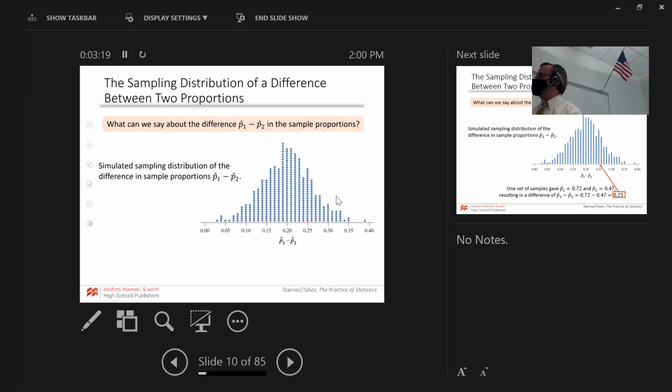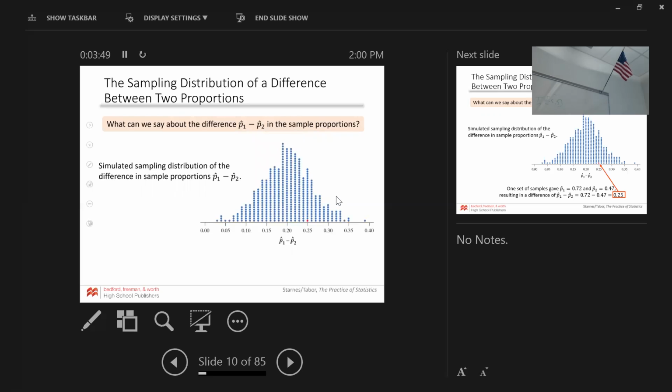Now, this is a simulation. Ready? The simulation was done with computer software. The center's at 20%, because that's school one take away school two. And if you look at this, what's the likelihood that more kids in school two are doing their homework? Well, that would be everything at 0 and to the left.